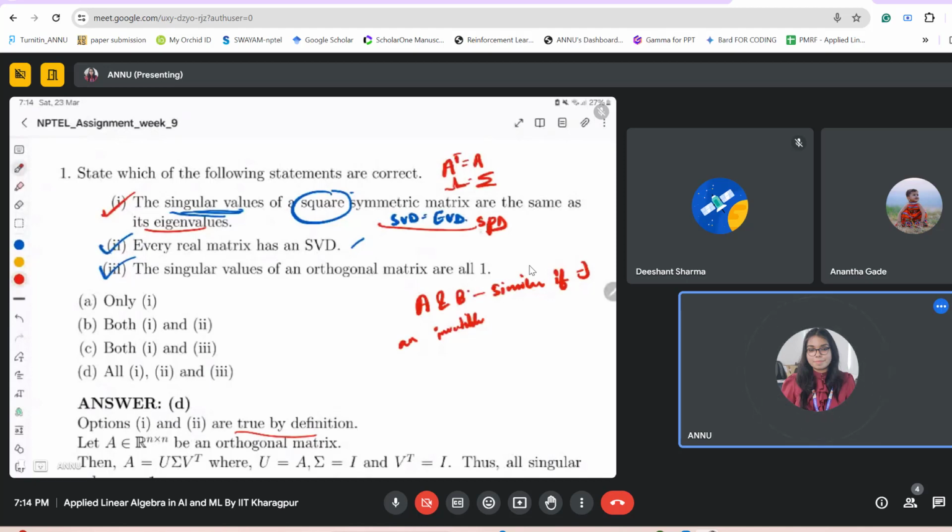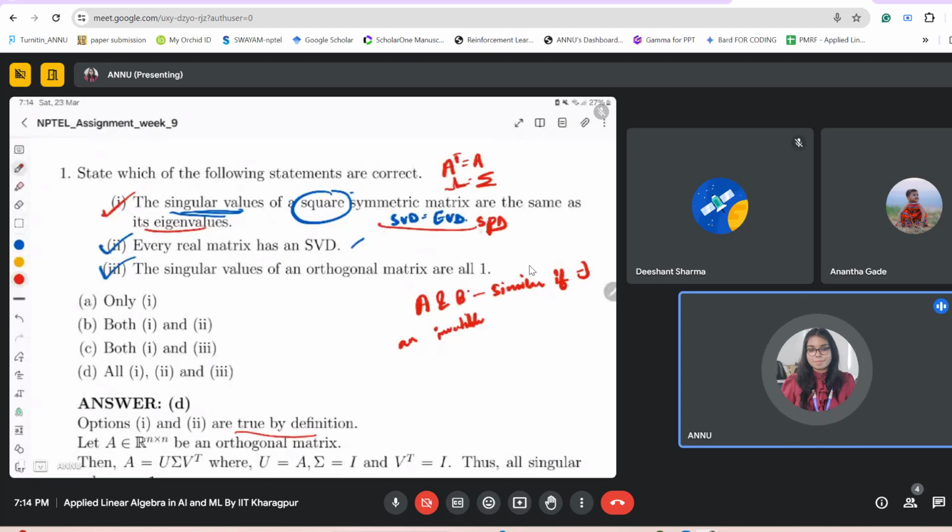If you have a matrix A, then you can write A as V, this V transpose. Then this V is the eigenvectors of A transpose A, and this is similar to U, and this V is also V. So U is V in this case of a symmetric positive definite matrix.